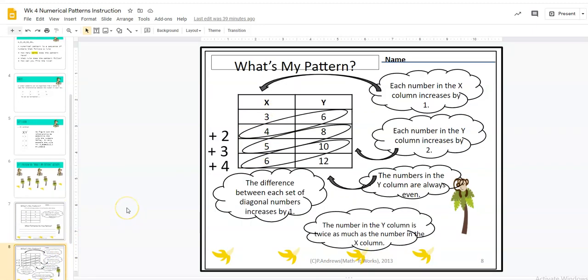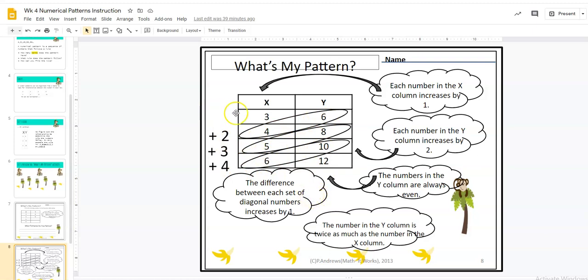There are more than one pattern that you might see here. Okay, while we do know that this is increasing 3, 4, 5, 6, this is 6, 8, 10, 12, just going down the column, we could say that diagonally they're increasing by +2, +3, +4.